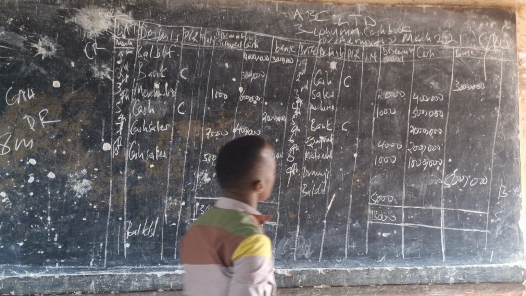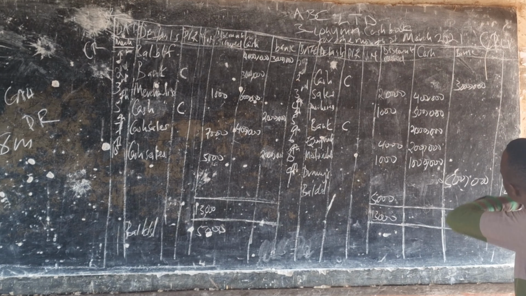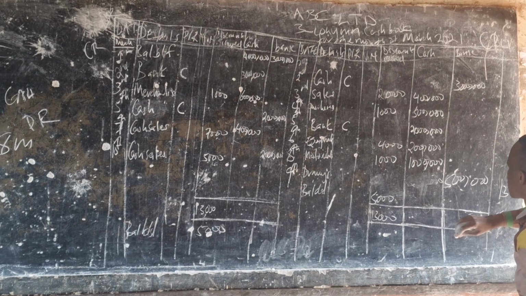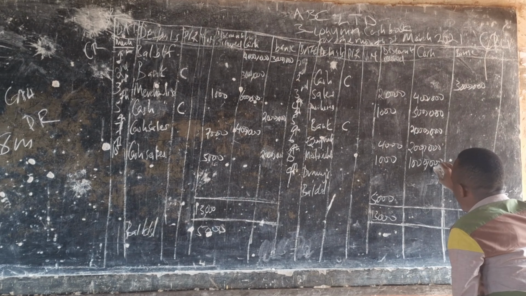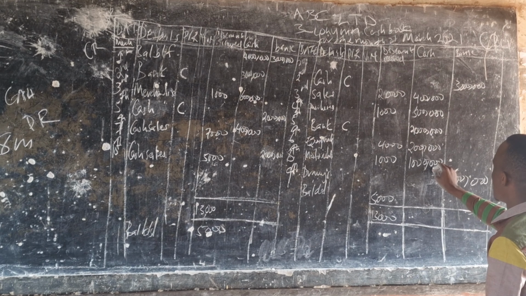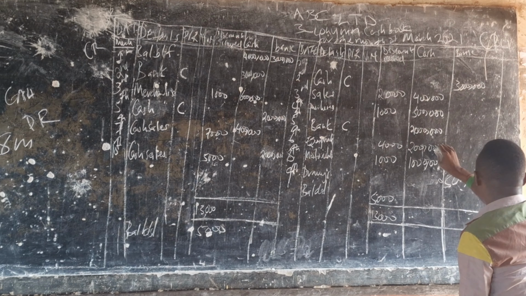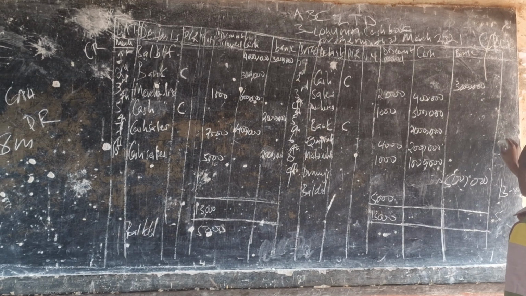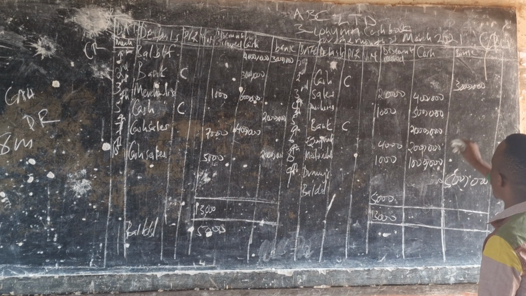Come here on the cash column. You have 2 million plus 1 million, that is 3 million. 3 million plus 200,000, that is 3.2 million.